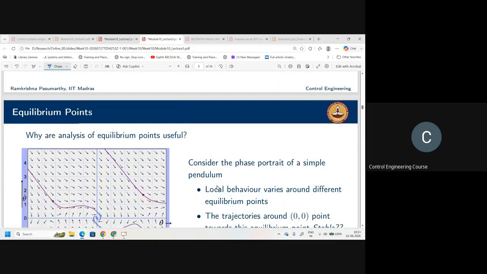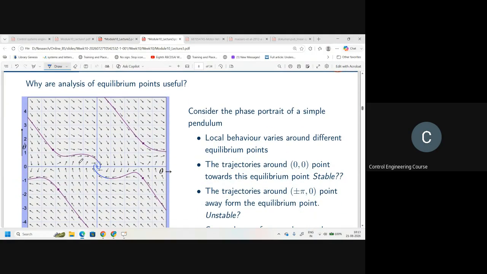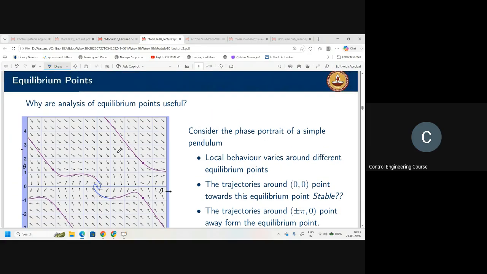So what other information are these equilibrium points telling us? For the pendulum example, this is called a phase portrait. Phase portraits are drawn either two-dimensional or three-dimensional based on the dimension of the system. Here the pendulum is a second order system, so you will have x1 and x2, that is theta and theta dot, as your state space variables, right?